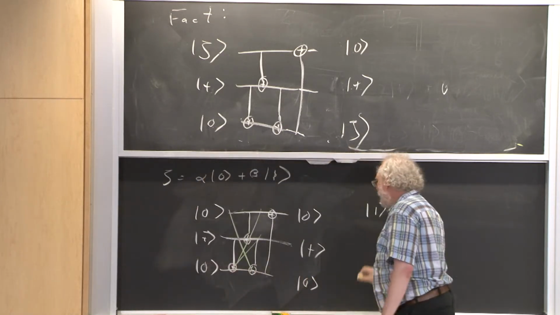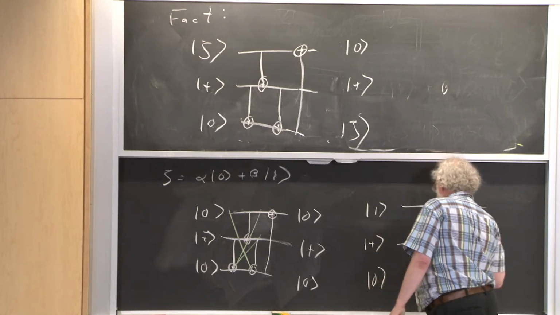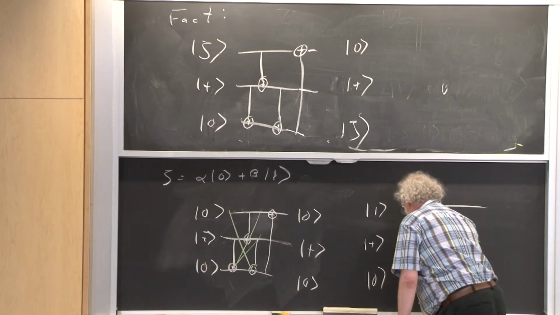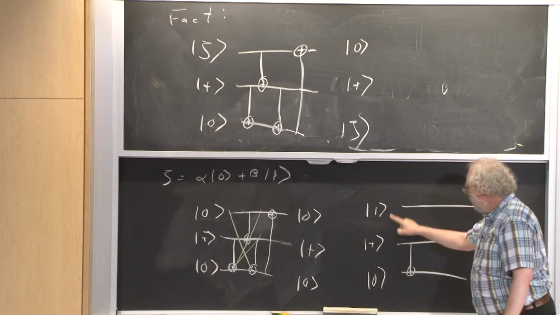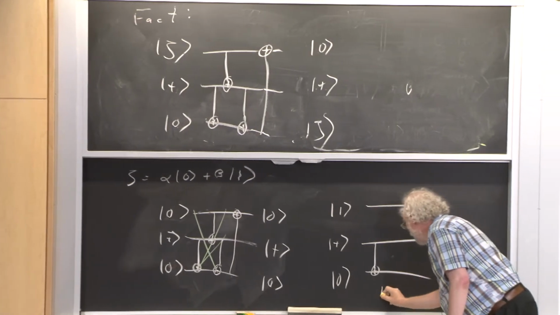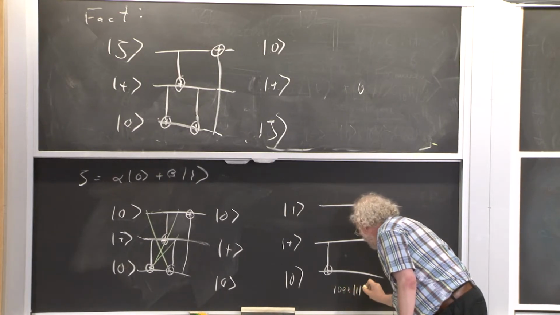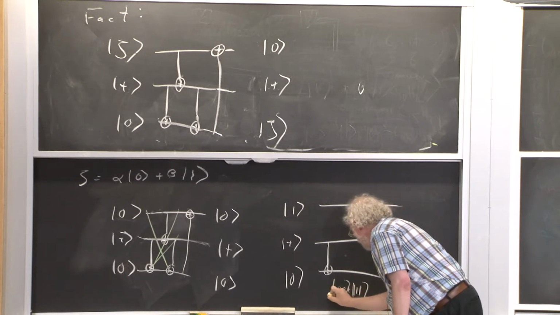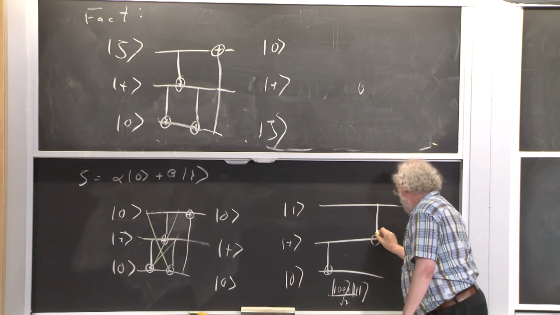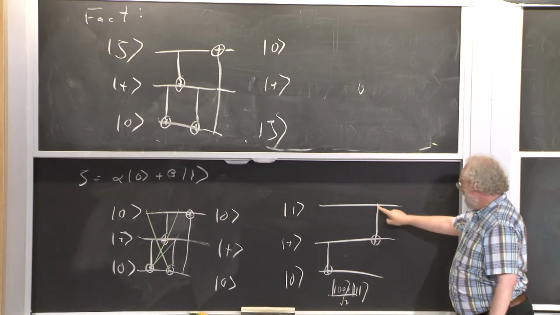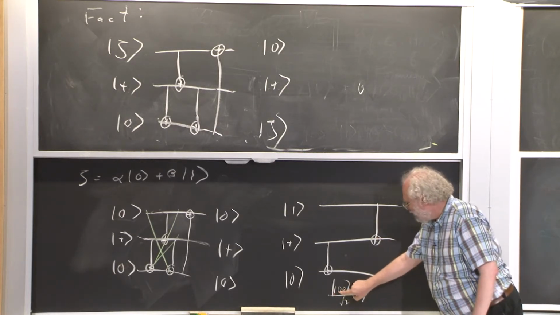Now the next one is a little more complicated. 1 plus 0. So after this, the state is 1, 0, 0 plus 1, 1, 1. And now we're doing that. Well, what does this do? It control knots, or XORs, the first qubit into the second qubit.